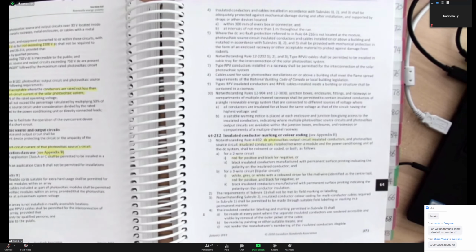Code calculation? Do you have a specific question you want to ask me, or do you want me to make up some question for you?